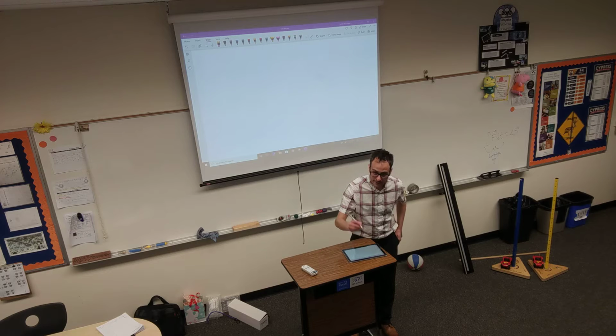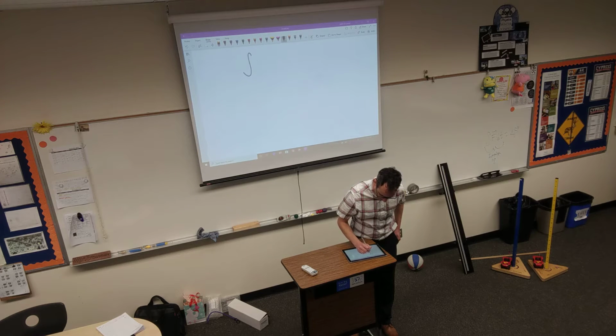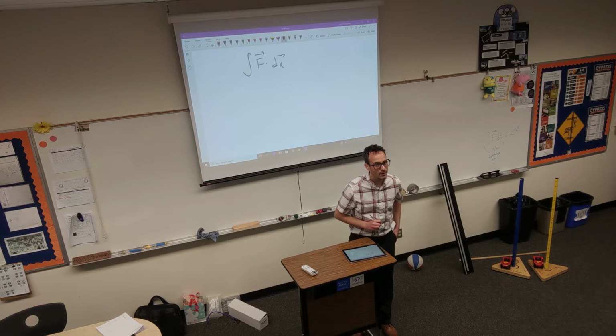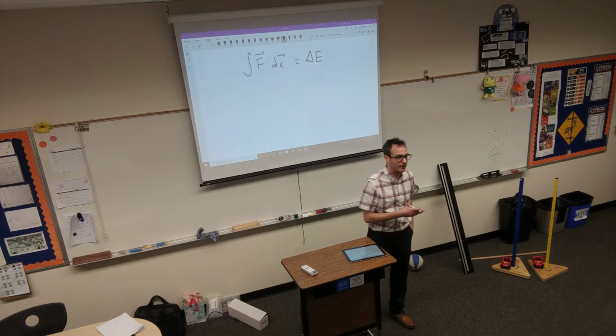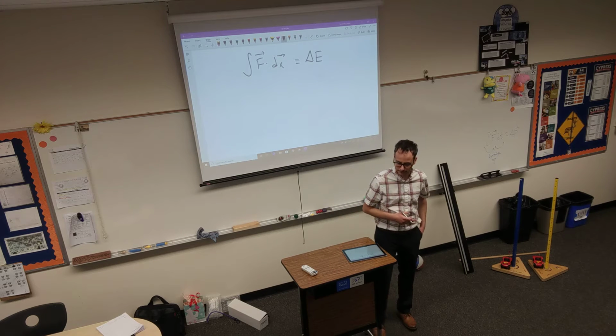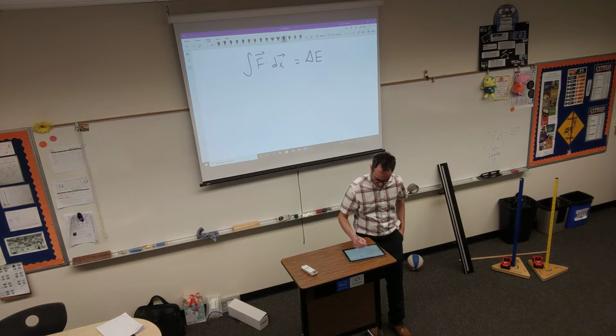One thing I'll mention really briefly. We've got basically these two ideas. What's that give you? That's work, and that equals the change in energy. So if you integrate a force with respect to position, you get the change in energy.